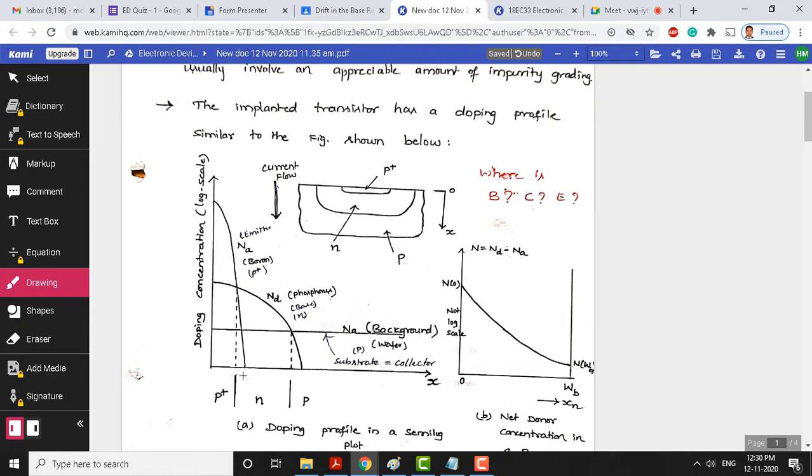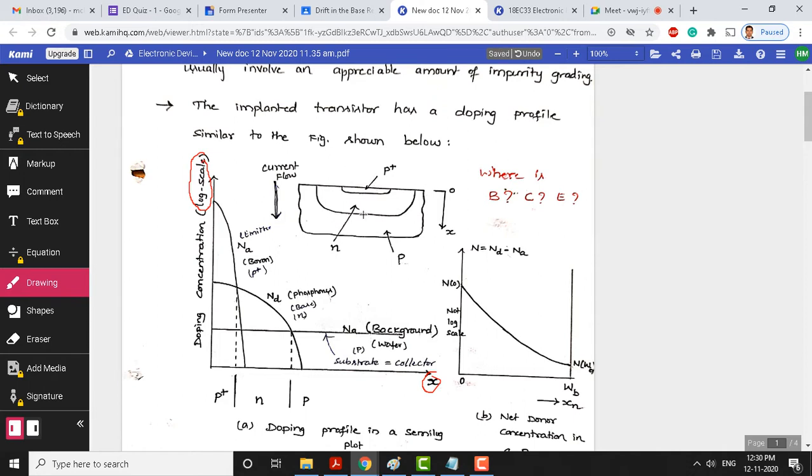What you are seeing in figure A is a doping profile in a semi-log plot. So, this is a doping profile, and this x axis is distance. And the y axis, if you observe, is the doping concentration, which is in log scale here, and this is the actual structure of a BJT which you can see here.